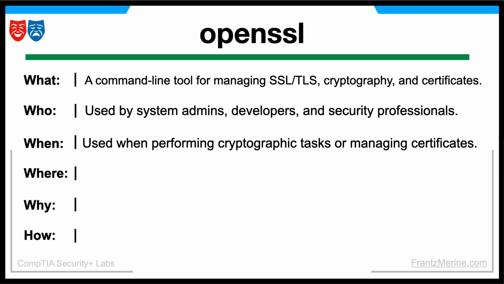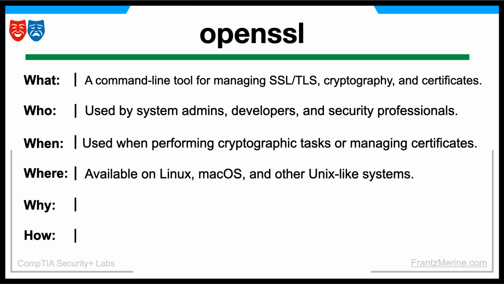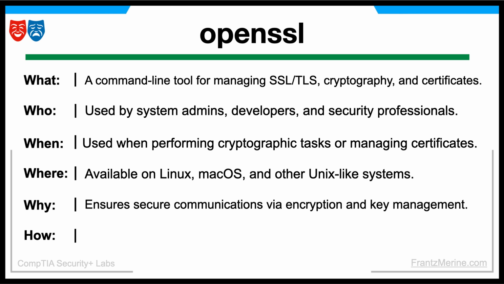It is used when managing secure communications, generating certificates, or performing cryptographic tasks such as encryption, decryption, certificate validation, etc. It is available on most Unix-like operating systems, including Linux and Mac OS, and can be run in a terminal or command line interface. It is used to ensure the security of communications through SSL, TLS, encryption, manage private keys, and handle cryptographic algorithms for secure data transmission.